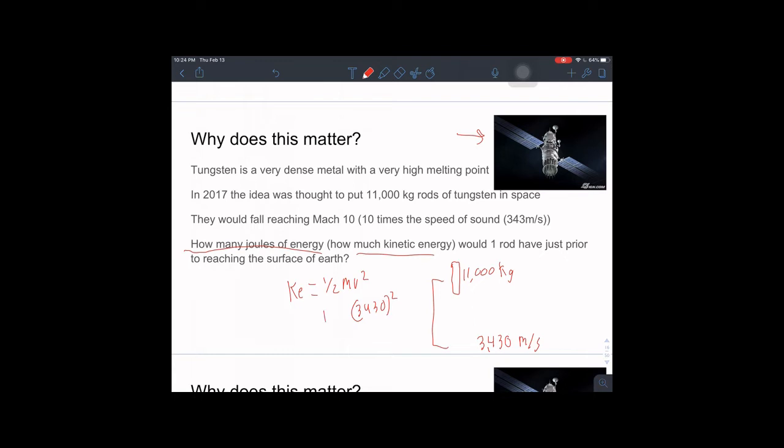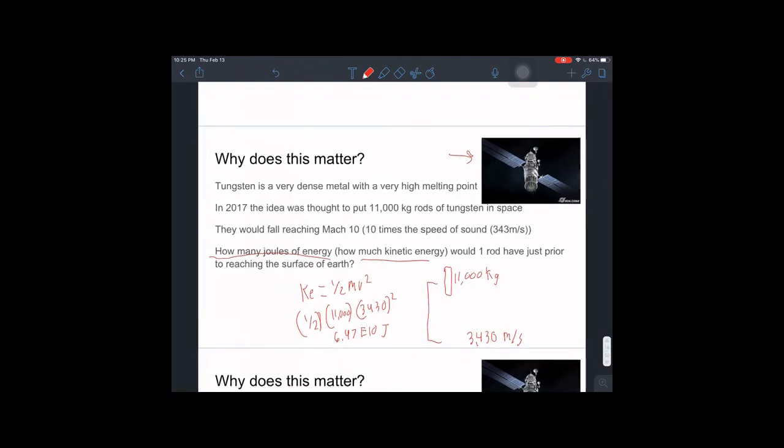And we know its mass, 11,000 kilograms, times 1/2 is equal to its kinetic energy. Putting this in our calculator, we see that it has about 6.47 e to the 10th joules of kinetic energy just before it hits the ground.